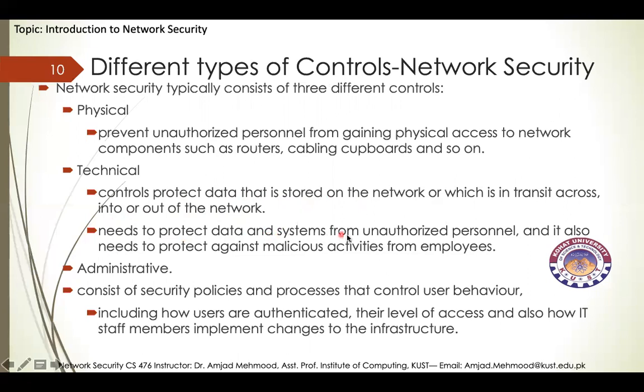It needs to protect data and systems from unauthorized personnel, and also protect against malicious activities from employees. And the last one is administrative control, which consists of security policies and processes that control user behavior, including how users are authenticated, their level of access, and also how IT staff members implement changes to the infrastructure.